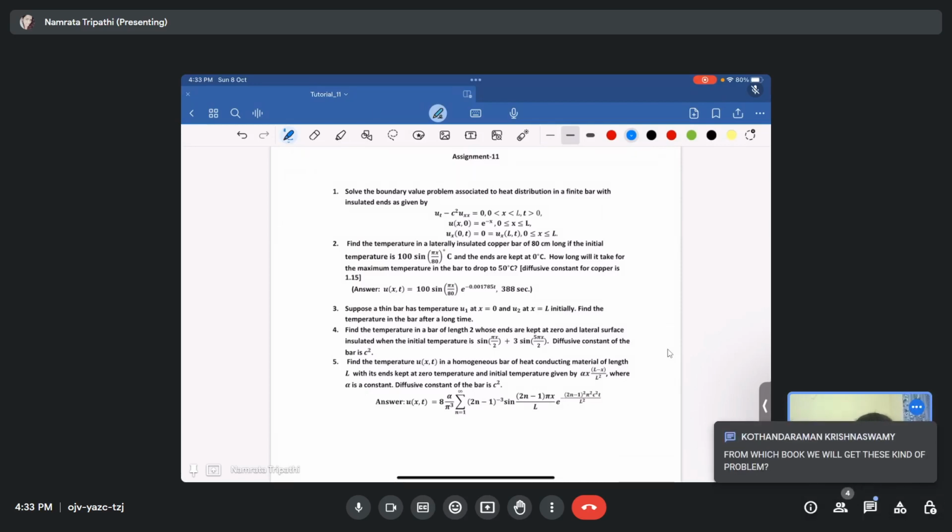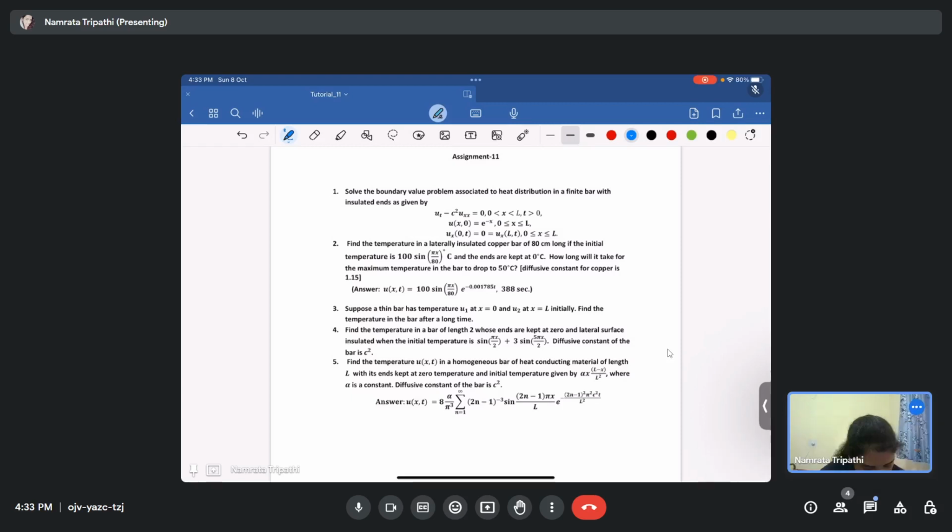From which book will we get these kinds of problems?